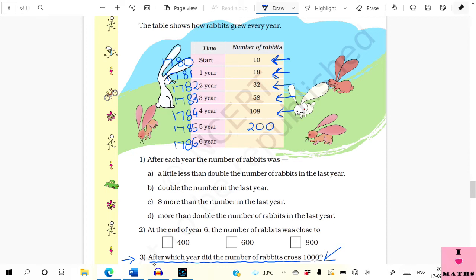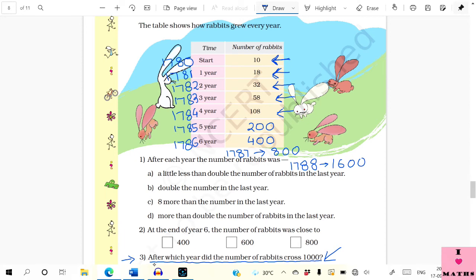So like this, in the 5th year, the rabbits will be around 200, somewhere around 200. In the 6th year, the rabbits will be around 400. In the year 1787, the rabbits will be around 800. And in the year 1788, the rabbits will be slightly less than double of 800, which is 1600.